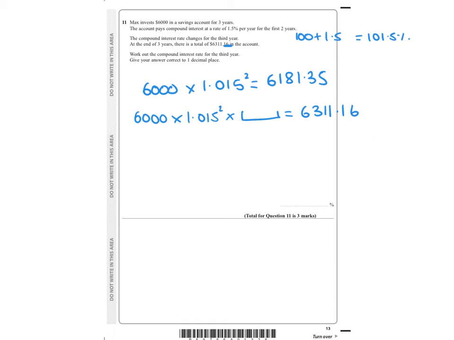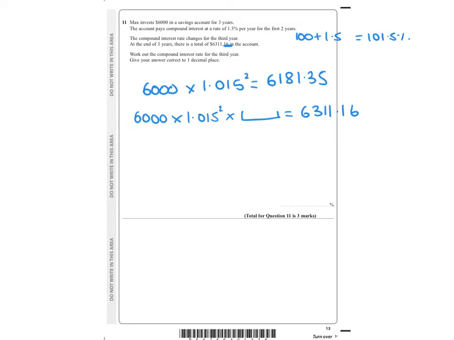So to find out what that new amount is, I'm going to get the difference between these two values. Sorry, not the difference, the division, because this one equals this one here.